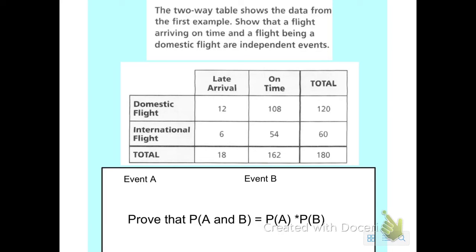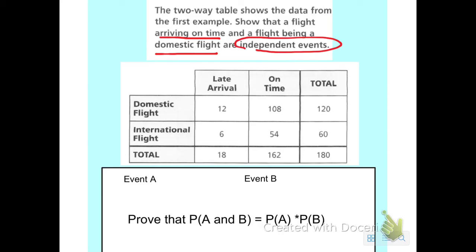Okay, we want to prove, using the two-way table that shows the data from the first example, that a flight arriving on time and a flight being domestic are independent events.